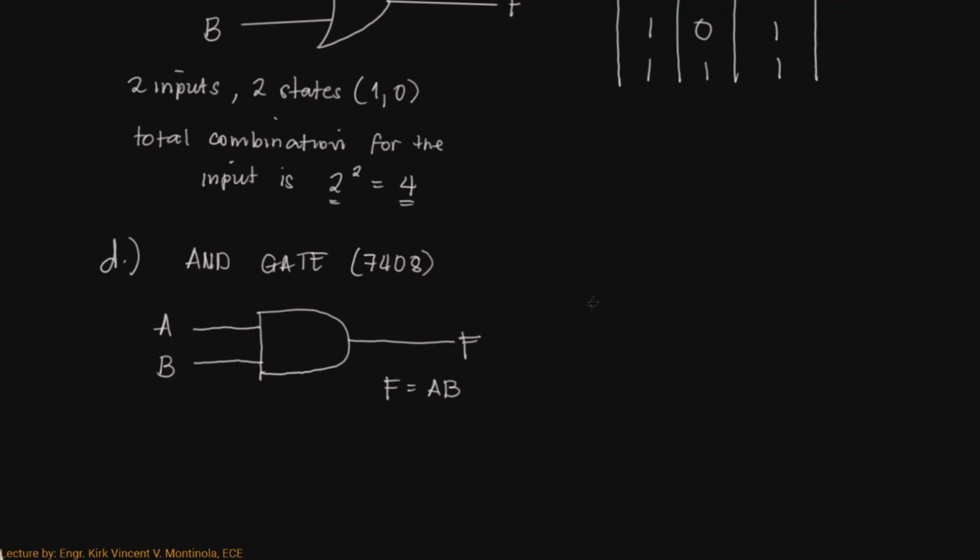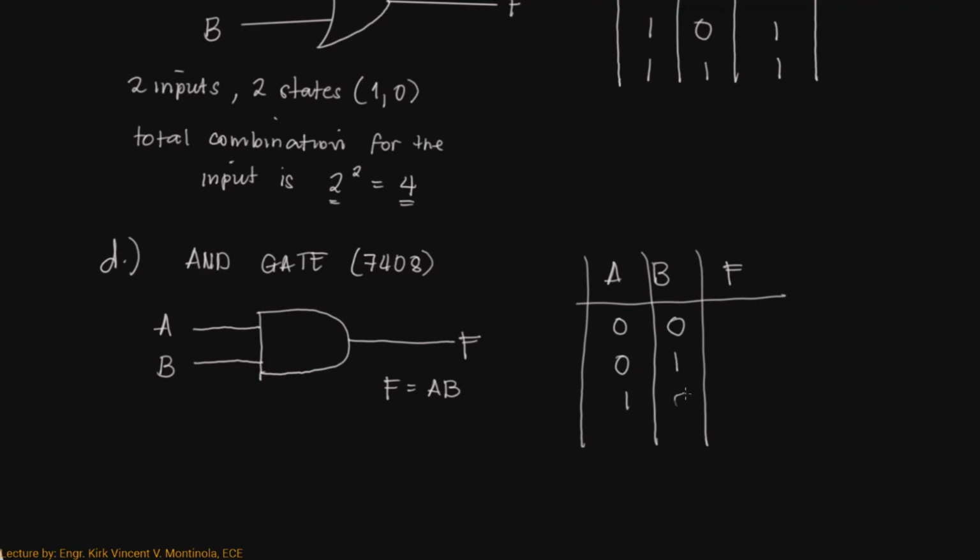If we construct its truth table, we have A, B, and F. We have two inputs again, so four combinations: starting from 0, 0 0, 0 1, 1 0, and 1 1. Then this is F. It is like multiplication.